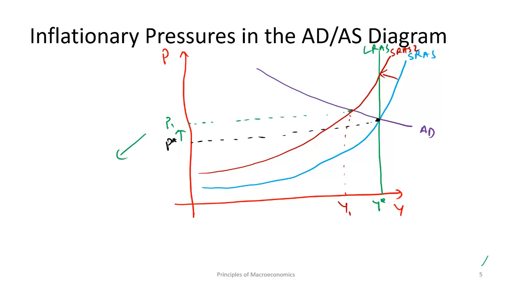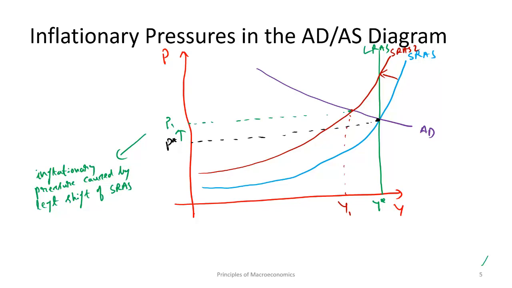So a left shift of the short-run aggregate supply will cause an inflationary pressure. So this is inflationary pressure caused by a left shift of short-run aggregate supply. Similarly, inflationary pressure can also be caused by a right shift of the aggregate demand.